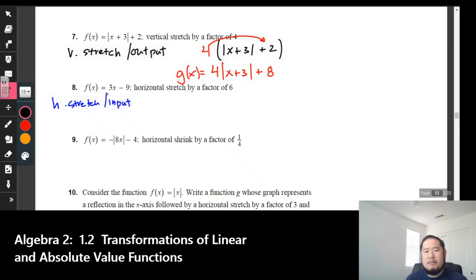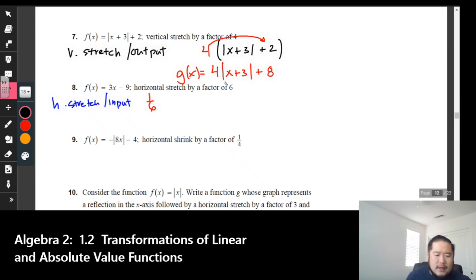Because stretching is going to be bigger. But actually, what you need to do is take the reciprocal of this. A horizontal stretch is actually going to be a factor of 1/6. Okay, so remember that for horizontal stretch and shrink, you must take the reciprocal of that factor.